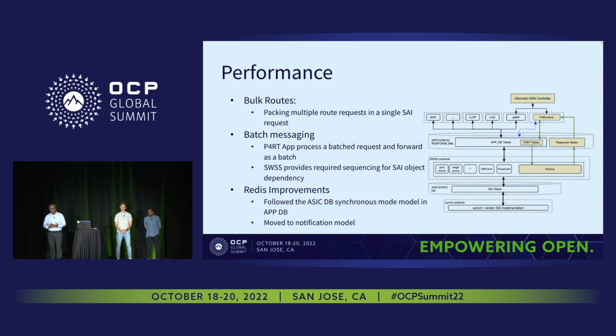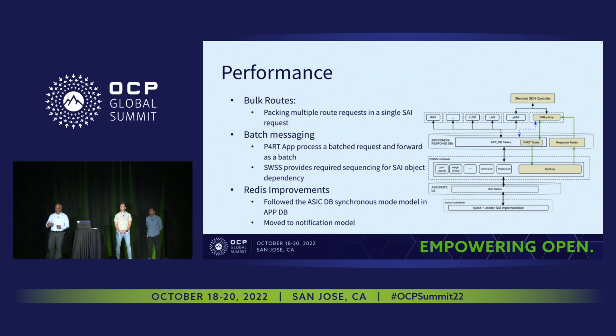So to summarize, some of the changes that we have done in performance and optimization of this end-to-end reaction time is on bulk routing, passing multiple objects to SAI as a bulk and getting a confirmation. This is very good in terms of reducing the amount of IPC that happens between layers. Batch messaging, here it's not about a single object, but across different SAI objects, bringing them together and passing back and forth.